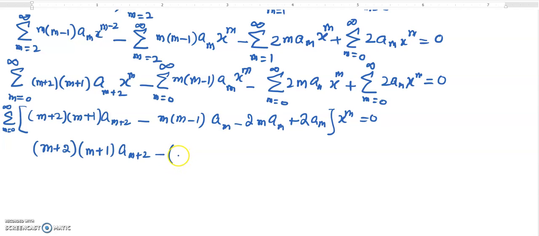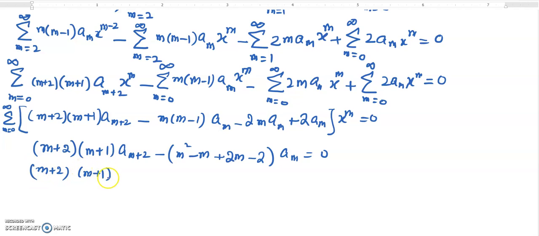So it will be m square minus m, plus 2m, then minus 2, a_m is equal to 0. So (m+2)(m+1)a_{m+2}, and then I can see that I can factorize it.